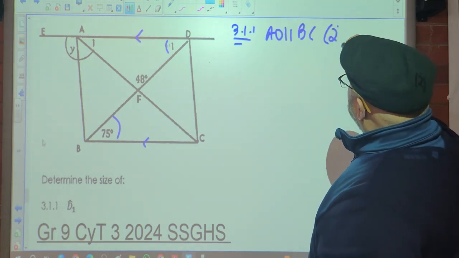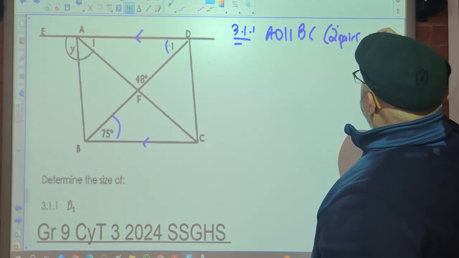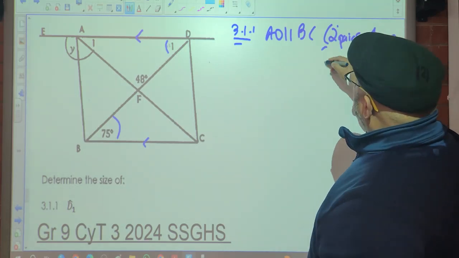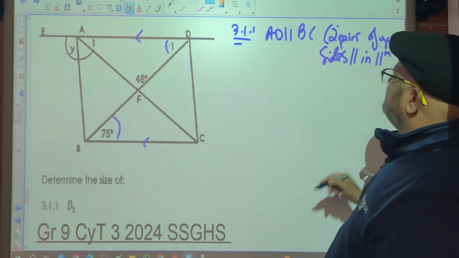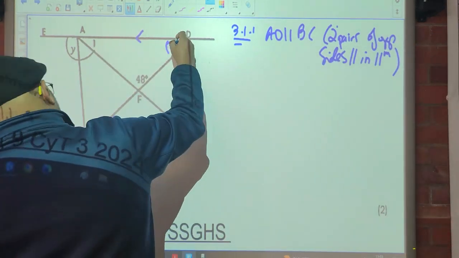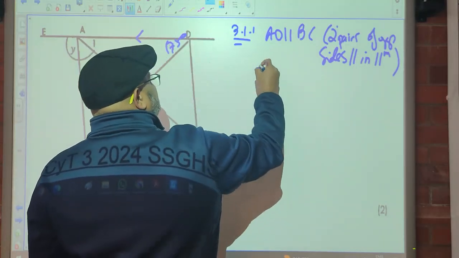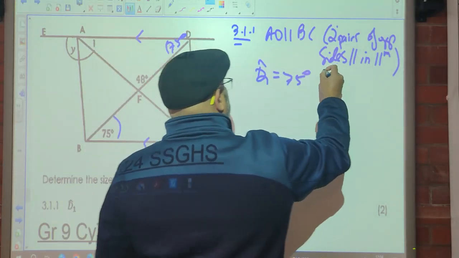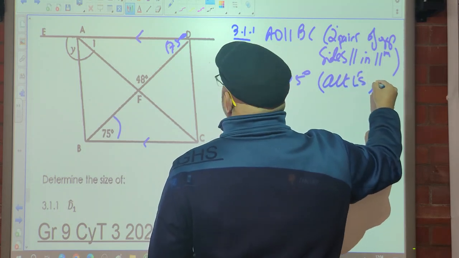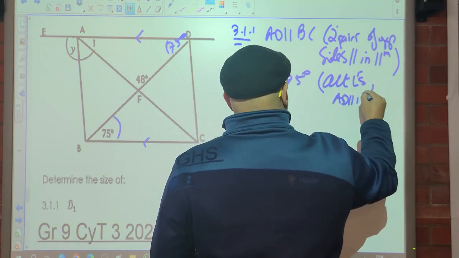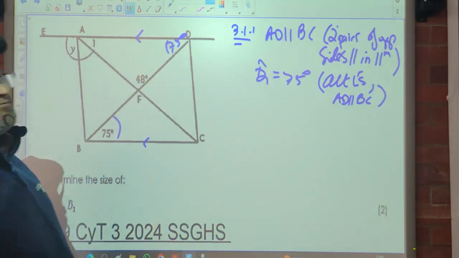Two pairs of opposite sides parallel in parallelogram. Now D1 is 75 degrees. Why? Alternate angles with AD being parallel to BC. Right.